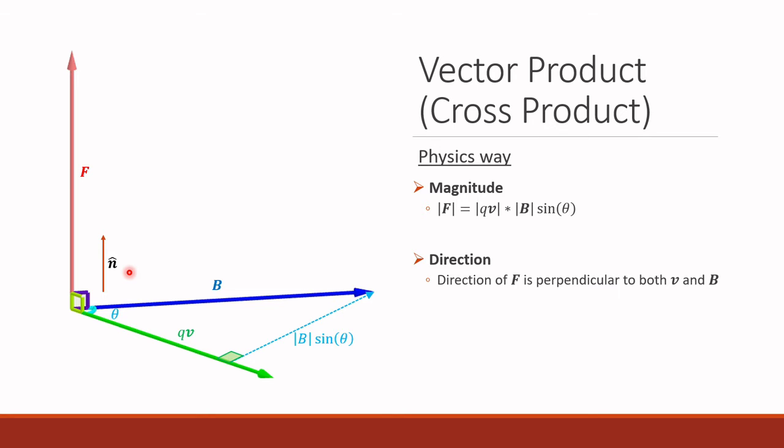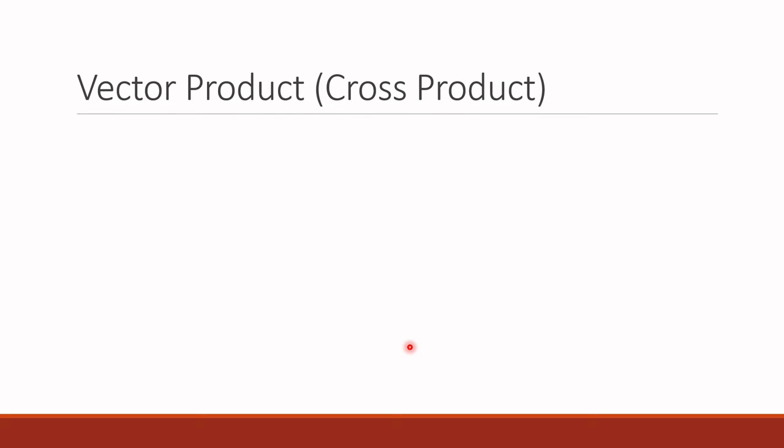So I can say that the force, which is a vector, will have a magnitude of qv times B times sine theta, and the direction will be n hat, perpendicular to both the velocity and the magnetic field. So this is the physics way.